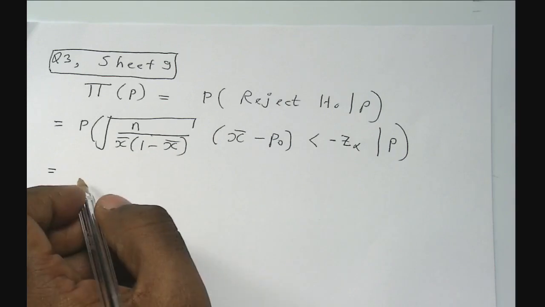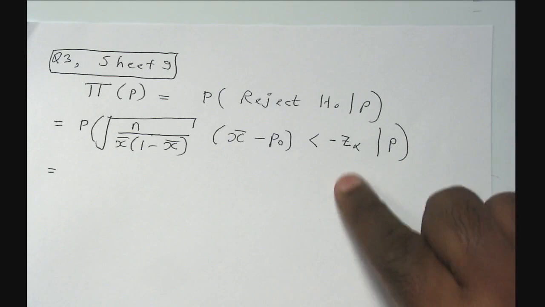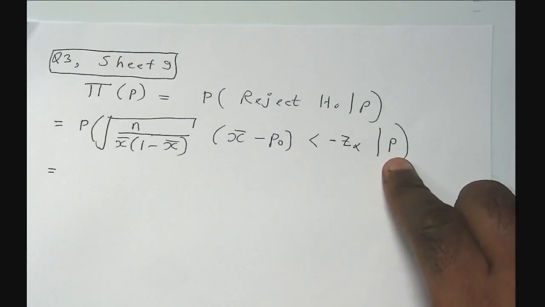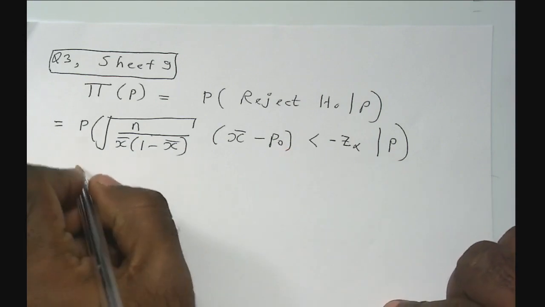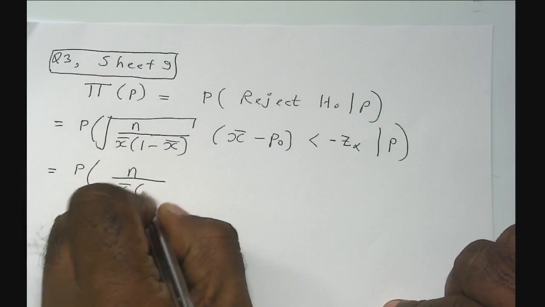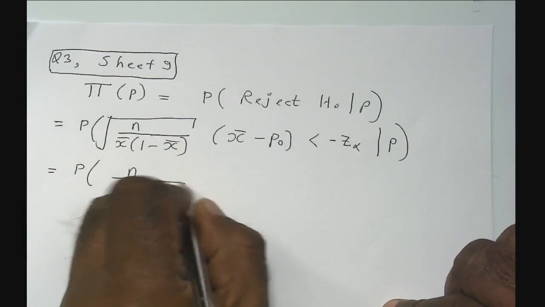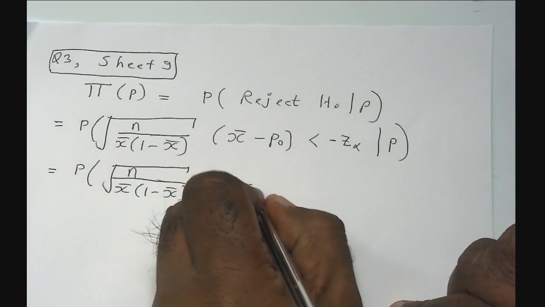Right. So the first thing you must do, as before with question 1 and 2, you must realize that we are conditioning on the fact that the true population proportion is p, which is not the same as p0. So the first thing you must do is the same as what I've done before. That is, replace p0 by p.